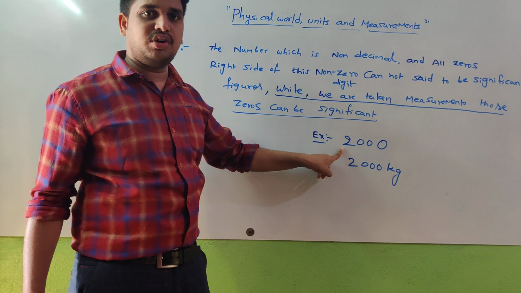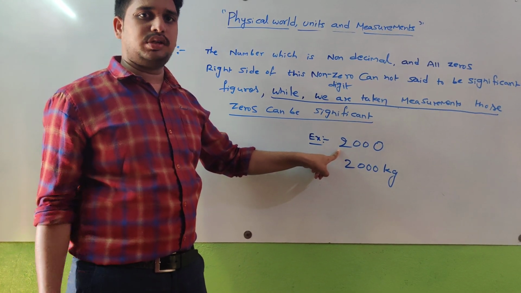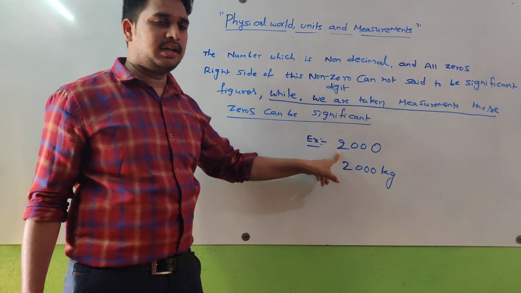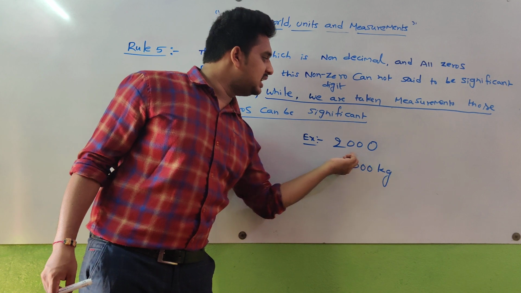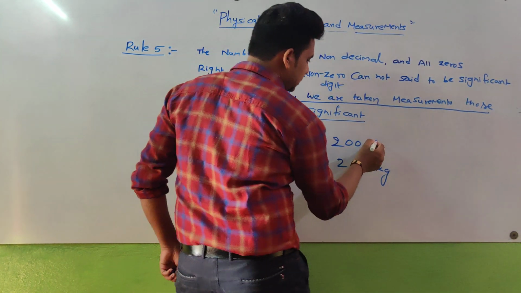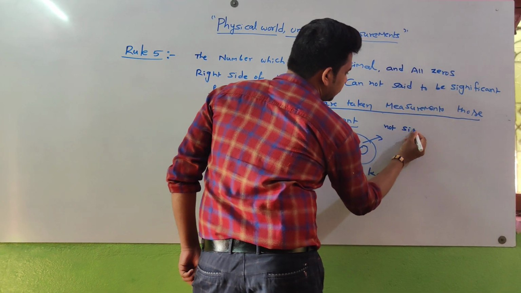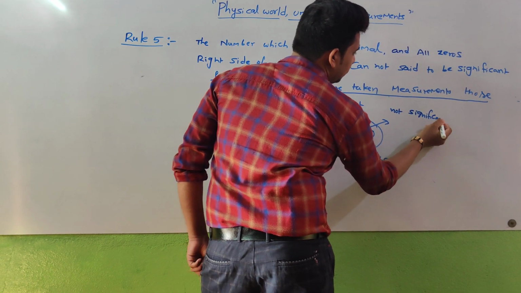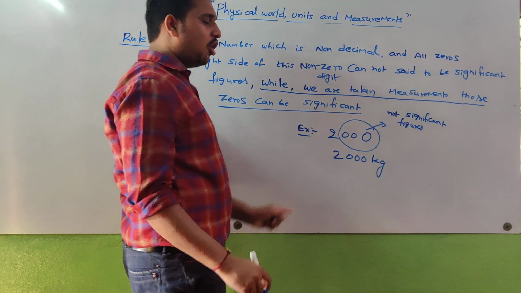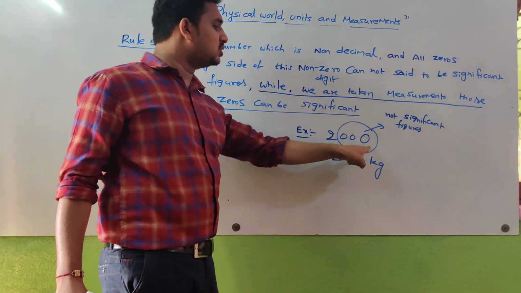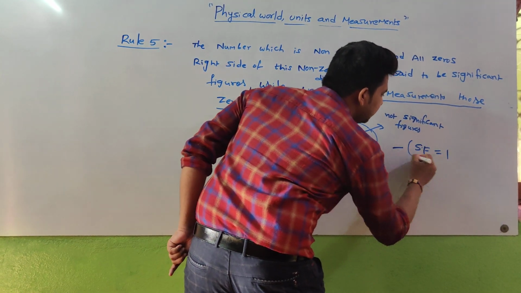Here 2 is a non-zero digit, that means it is not equal to 0. Right side of this digit, 3 zeros are there. These 3 zeros are not significant figures. So we do not consider them as significant figures. That means how many significant figures in this 2000 number? Significant figure count is one.